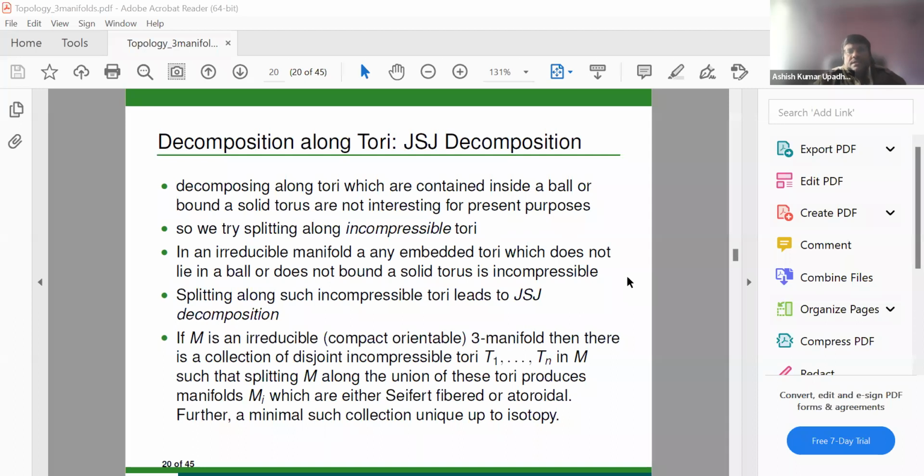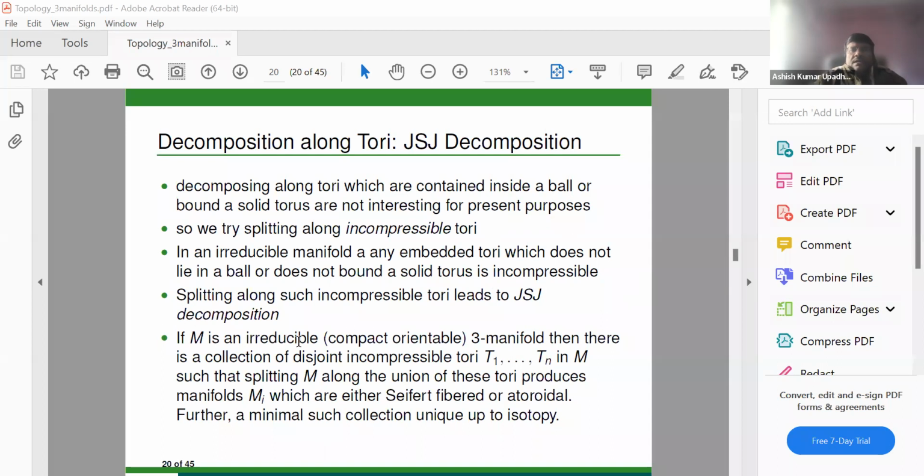JSJ actually stands for the mathematicians who studied and brought about this result. Their names are respectively Jaco, Shalen, and Johannson. It is on their names that this result is called JSJ decomposition.